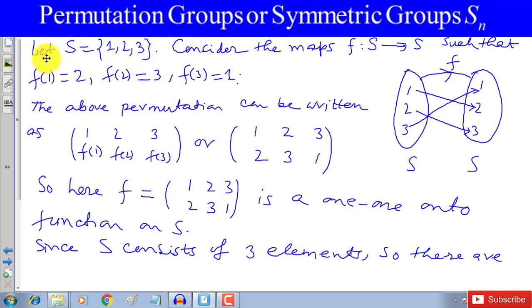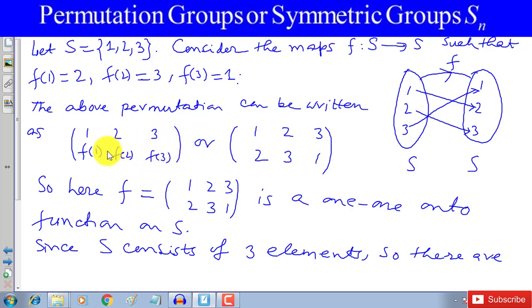Let S = {1, 2, 3}. Consider the map f from S to S such that f(1) = 2, f(2) = 3, f(3) = 1. The above permutation can be written as 1 goes to f(1), 2 goes to f(2), 3 goes to f(3).